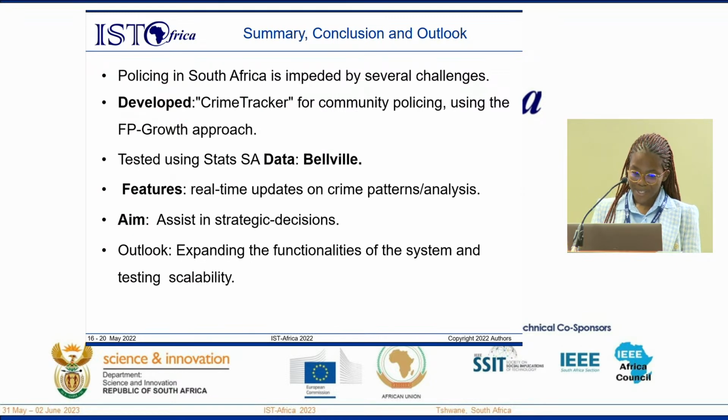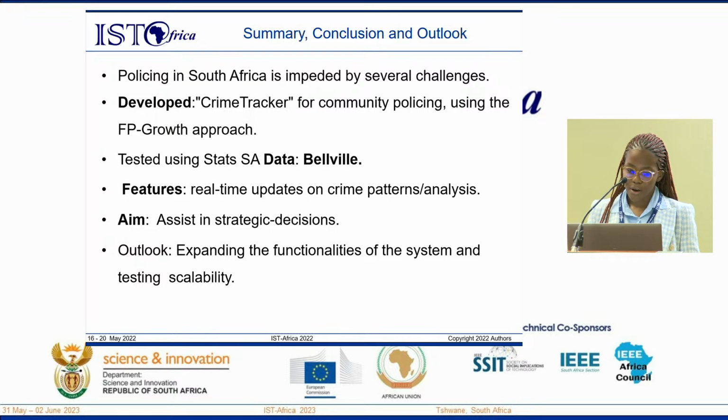And then in conclusion, as we know, South Africa is facing a lot of challenges with crime increasing. So this research aims to develop a crime tracker system, which will help police combat crime. We've used the Stats SA data, and we use our case study as Belleville University.